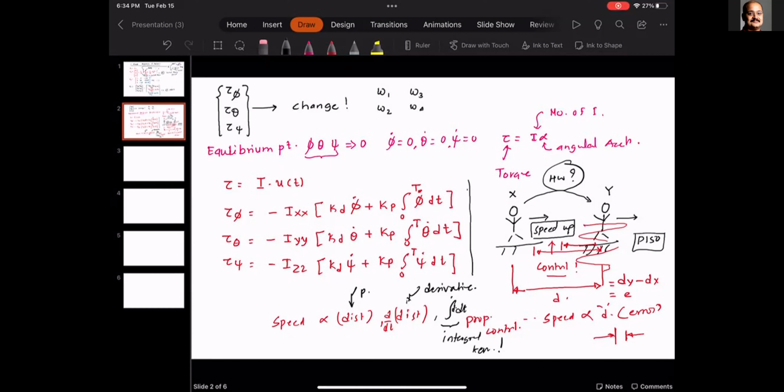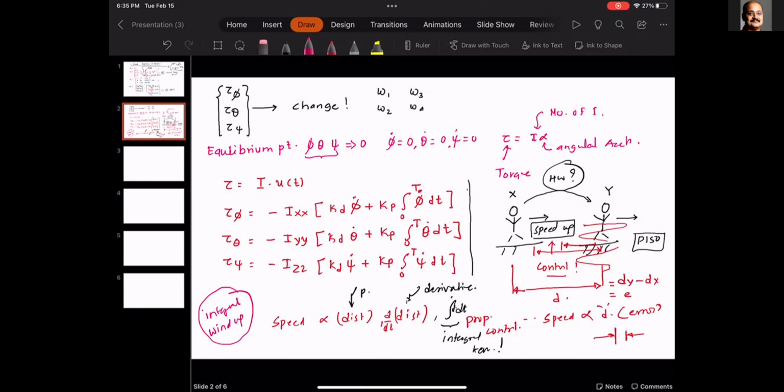Now, here is the basic problem with the integral term. There is a concept which is called integral windup. And I want you to think about this in your mind. If the distance is too far, the integral term is integrating that too-far distance, which means the controller effort coming from the integral term is more than what is ideally required.